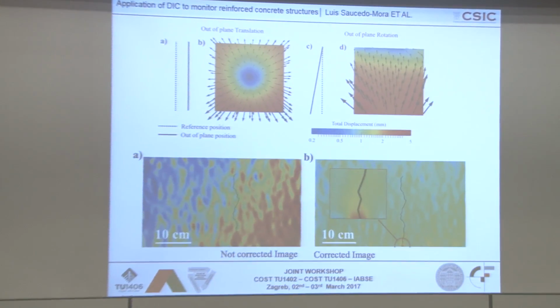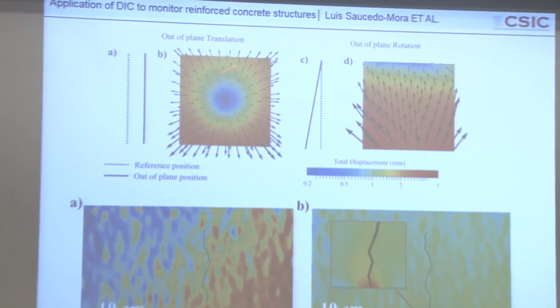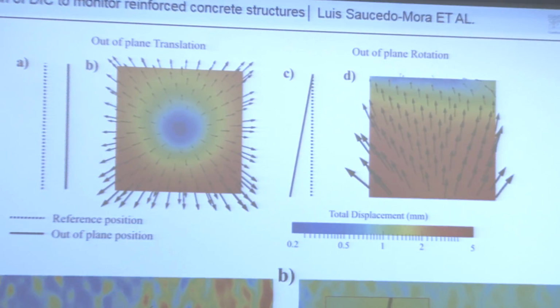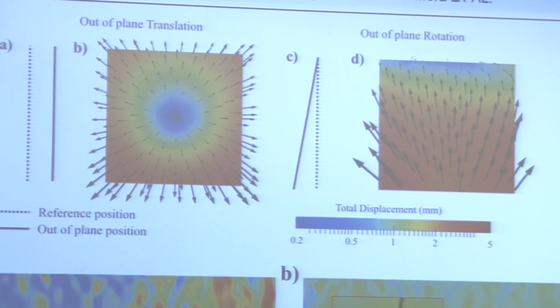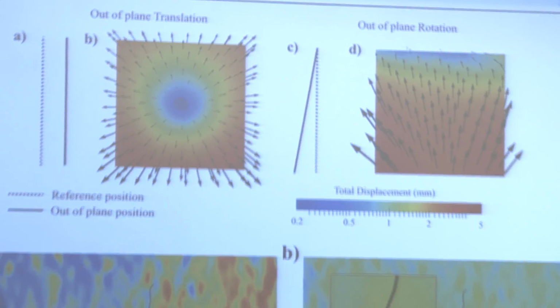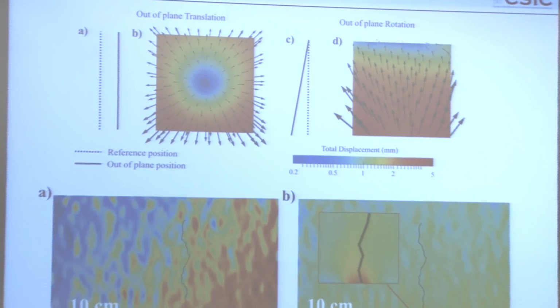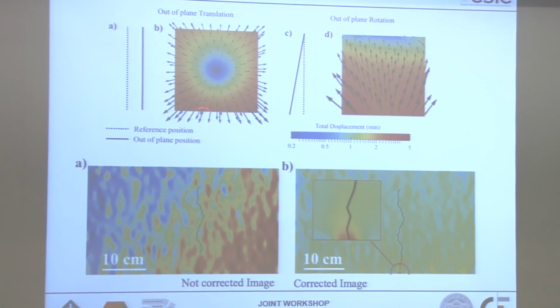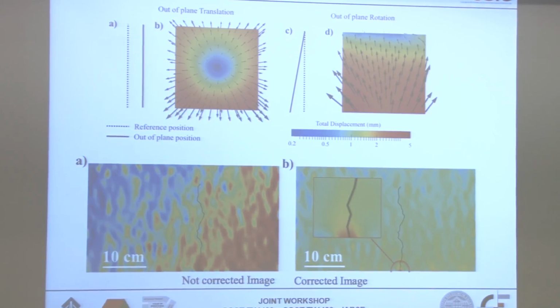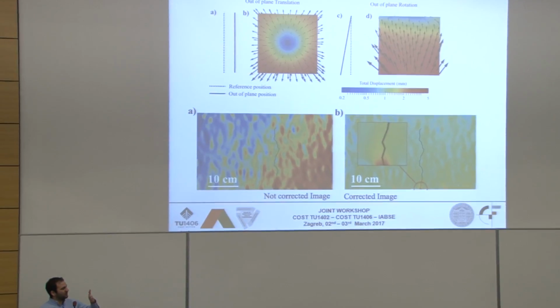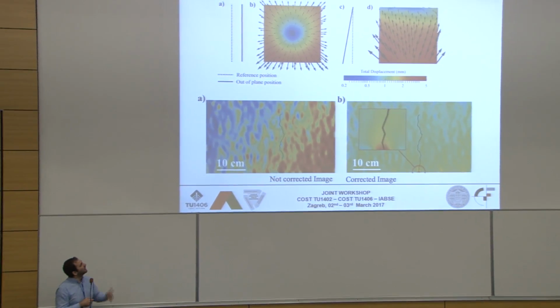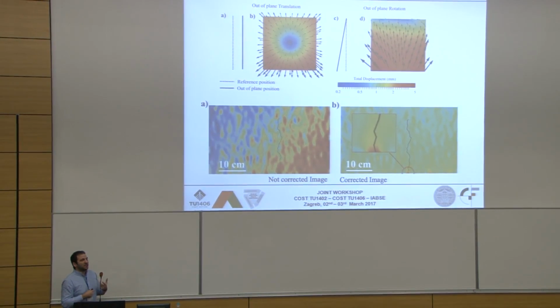The problem that we have been working on is that if you have a big sample that moves towards the camera, even by a very, very small amount, you are going to have this displacement pattern. And if the sample has a small inclination or rotates, you are going to have a pattern like this.